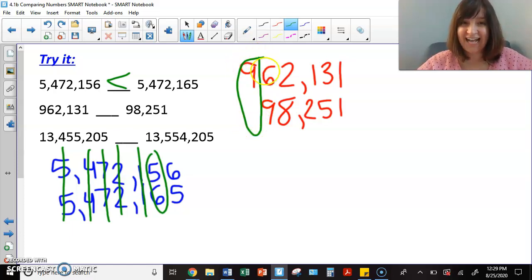Because this has a number in the hundred thousands place and this one doesn't, it makes this one greater. Even though when you look at these over here, you think, okay, they both have 9s, a 6 is less than 9, so this one's smaller, but it's not the case, because this 9 is in the hundred thousands place and this 9 is in the 10,000s place. That's why stacking it up is so helpful, to just be able to check.